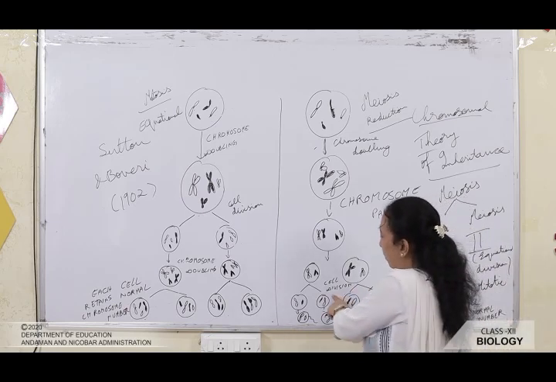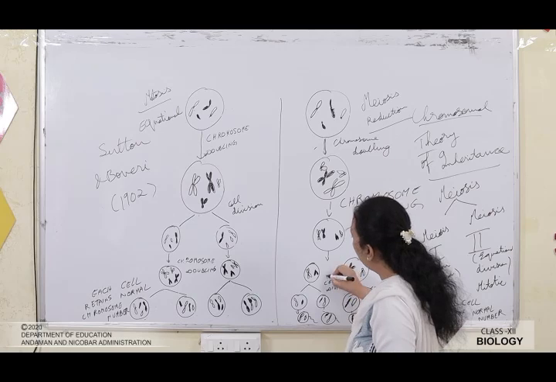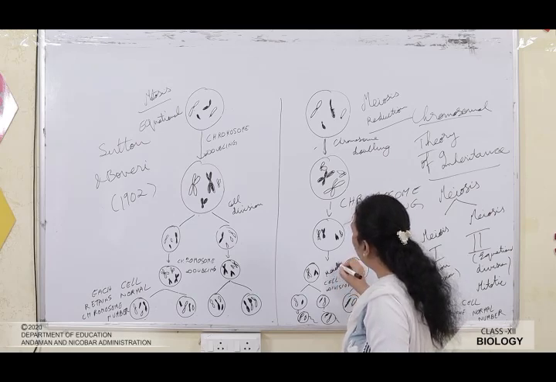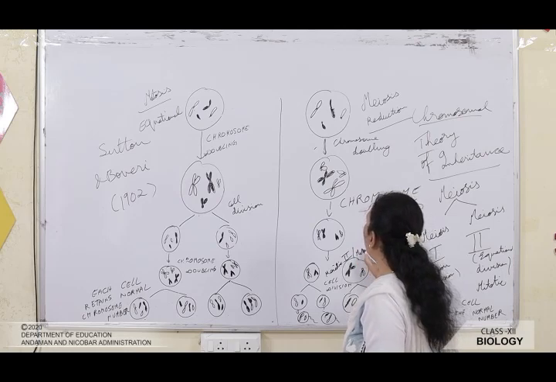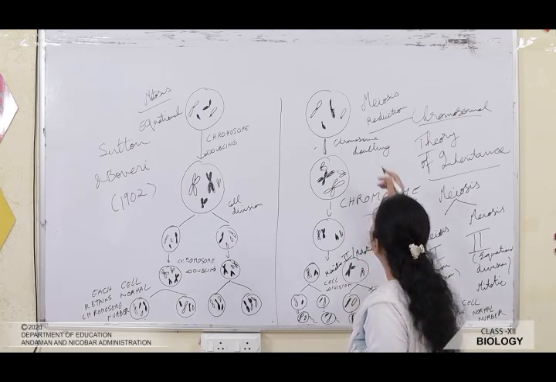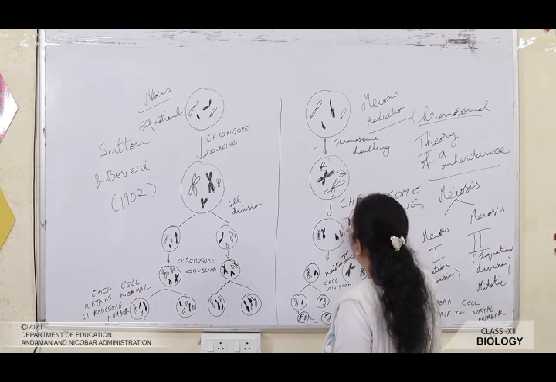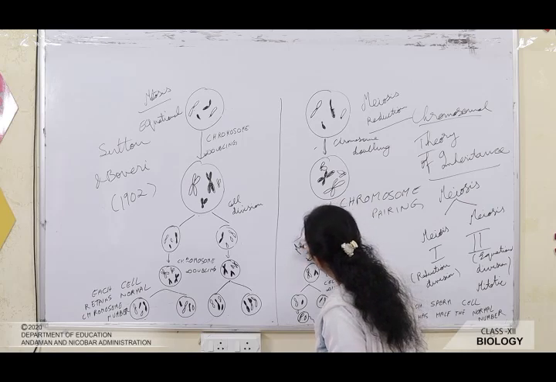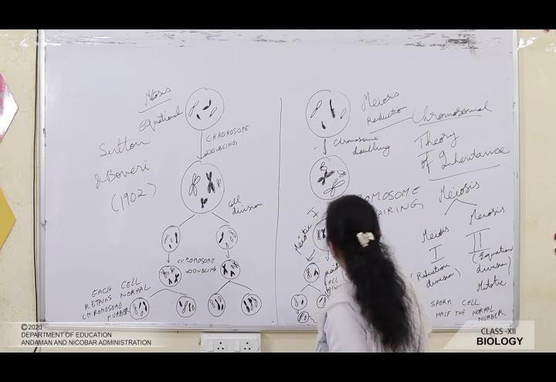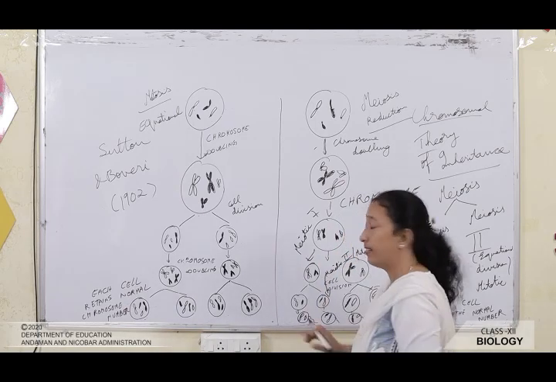So this part where the cell division took place the second time, this cell division is meiosis 2, or it can also be known as mitotic division. And the cell division which took place here after chromosomal pairing, this is meiosis 1, and this one is meiosis 2.